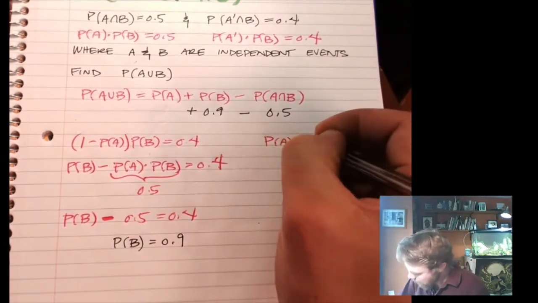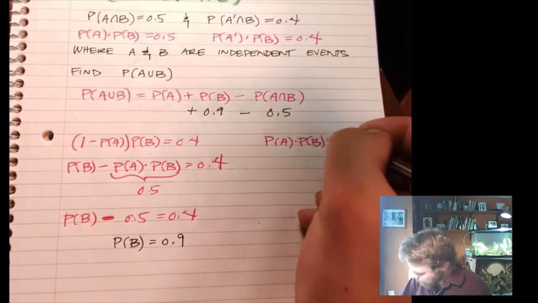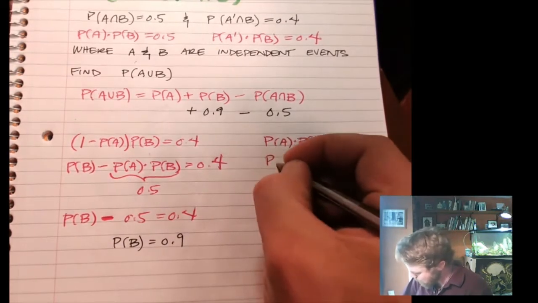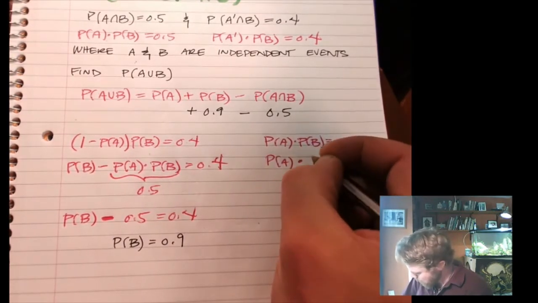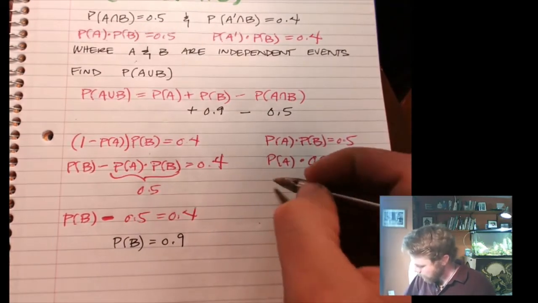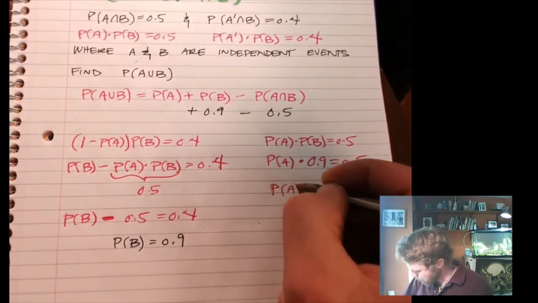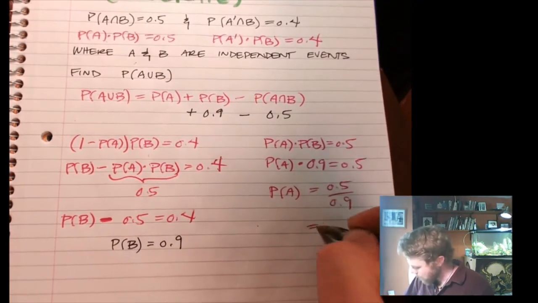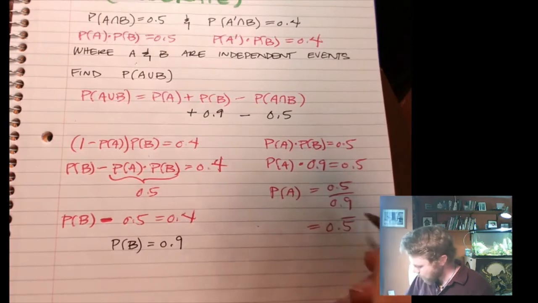Just write it again. And this is now known, 0.9. 0.5 divided by 0.9, which is 0.5 repeating.